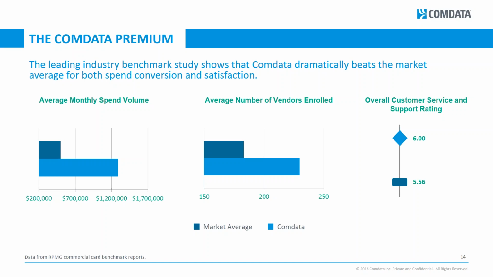And then another big piece of this is that when you're a virtual card client of Comdata's, you're never going to have to call into a general customer service number, which is something I don't want to do in my personal life and something I don't want to do in my business life as well. So the sales rep is one of 8 direct points of contact that a virtual card client is assigned to when they're here at Comdata.